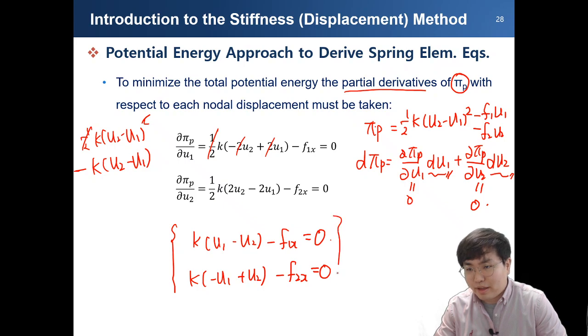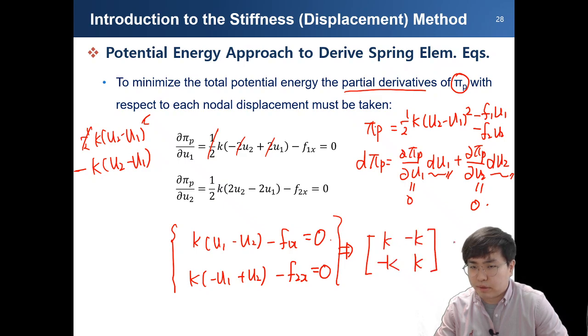So this is the same result compared to the direct stiffness method. We have two unknown variables, so we can put them in matrix form: u1 and u2, and also f1x, f2x.